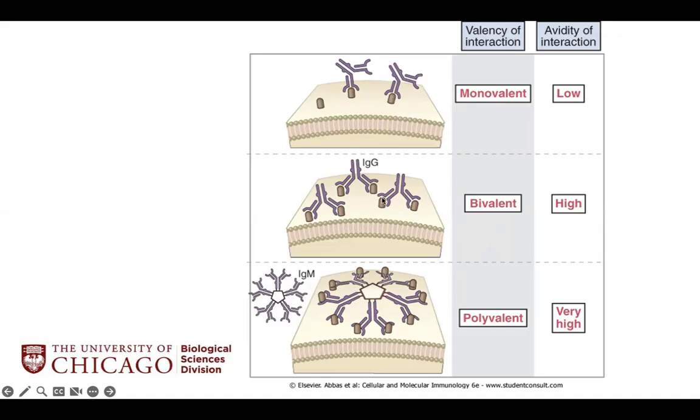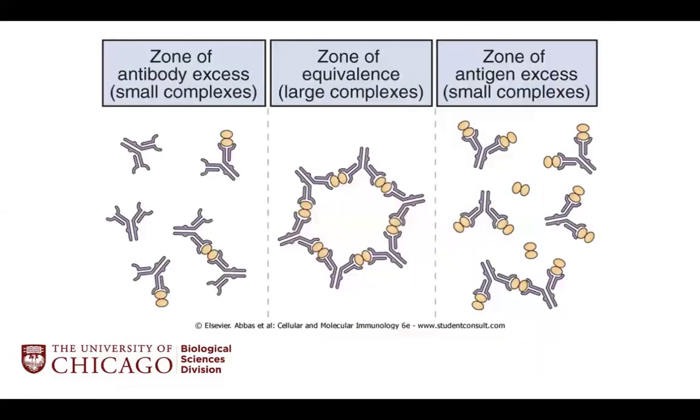Bivalent is where you have both of the antigen-binding regions of the antibody binding. But then when you have a secreted IgM, remember, which comes as a pentamer bound with a J chain, you actually have 10 different opportunities for antigen to be bound. We call that polyvalent. It has a very high avidity, not affinity. So try not to mix those two terms up.